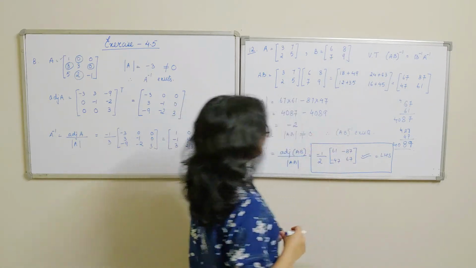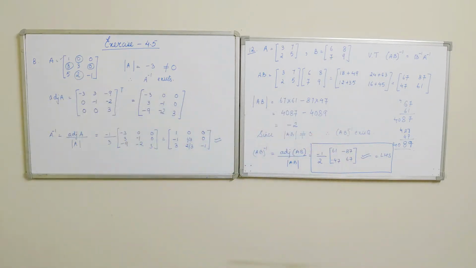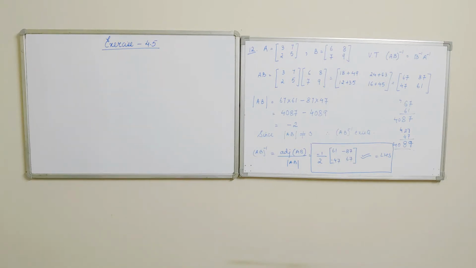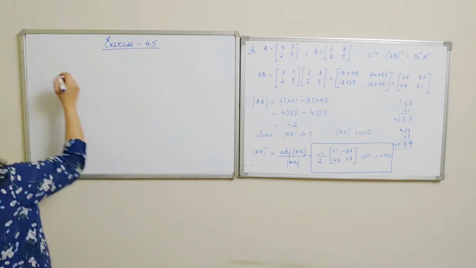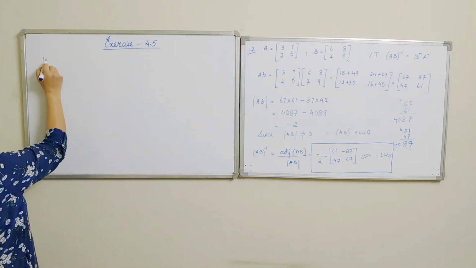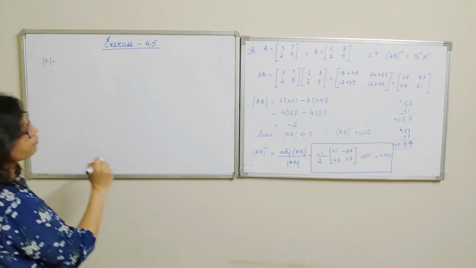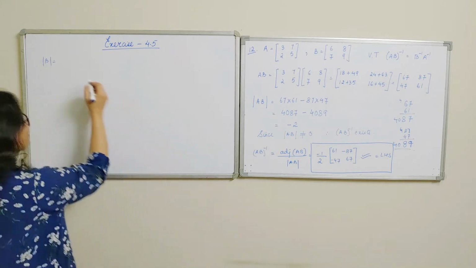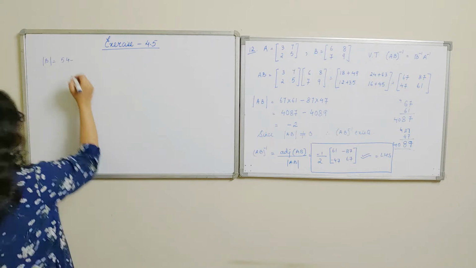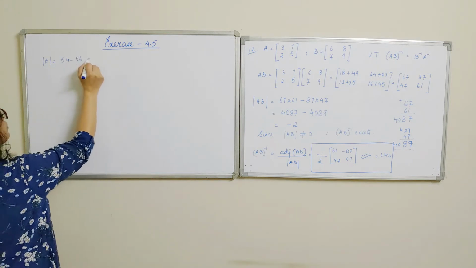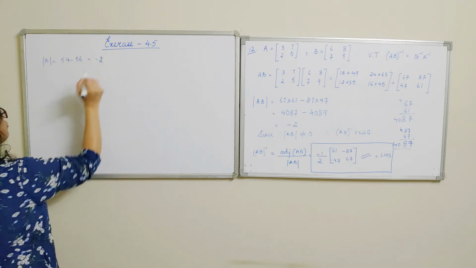Now we shall find out the right hand side. Now to find the right hand side, we first of all need to find out determinant of B, and from there you can see it is 54 minus 56, so this determinant is minus 2.